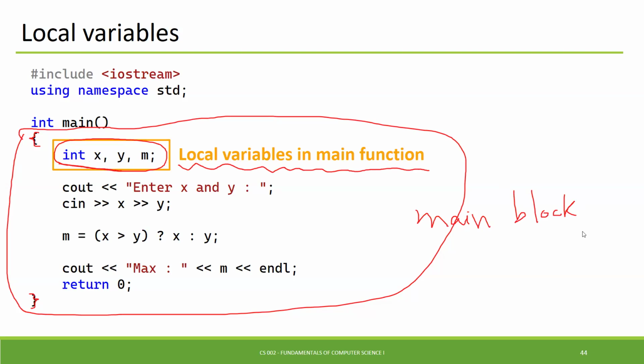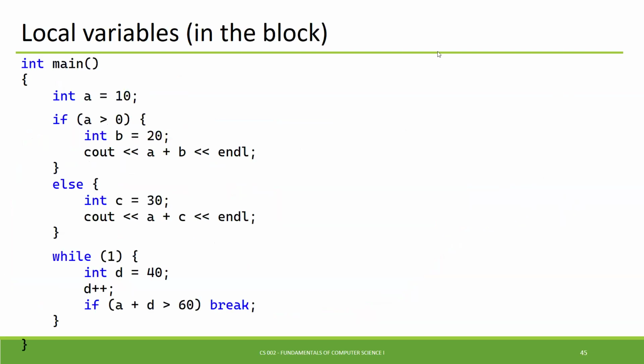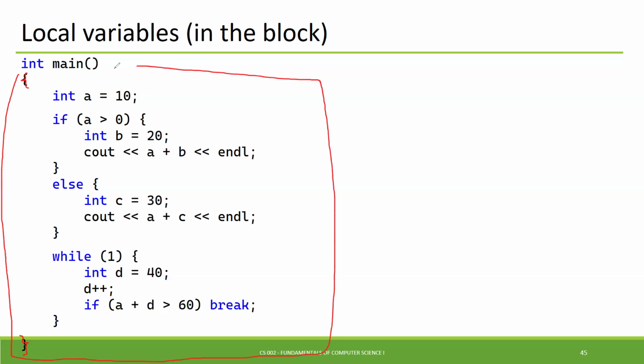And look at this one. We may have local variables in a block like this. Here, this is the starting of the main, and this is the ending of the main, so this is the main block.